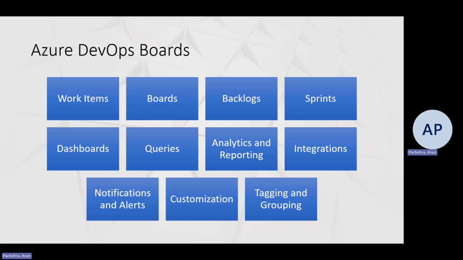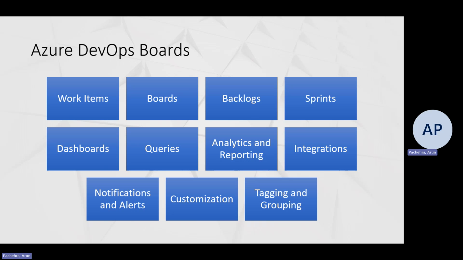So analytics and reporting. It generates reports and insights on various aspects of the development process. We can understand it like this: a team lead uses the velocity report to assess the team's throughput over the past few sprints to make better future commitments. Then integrations.